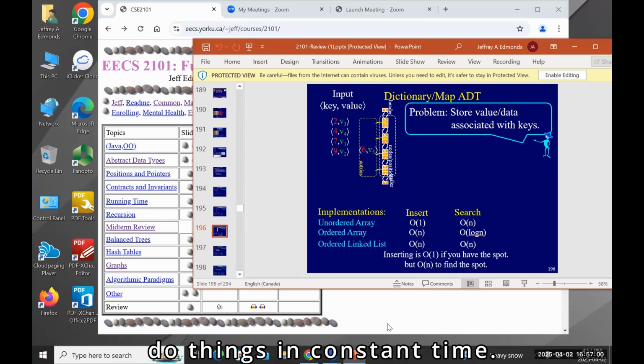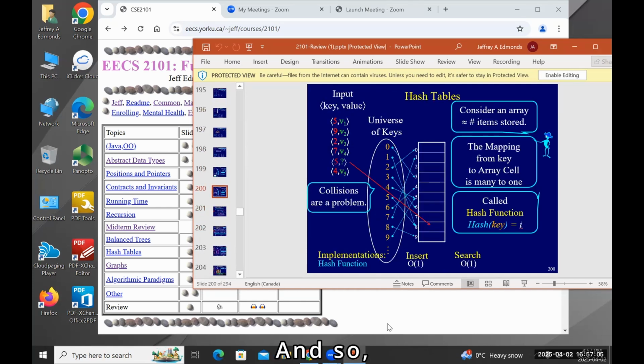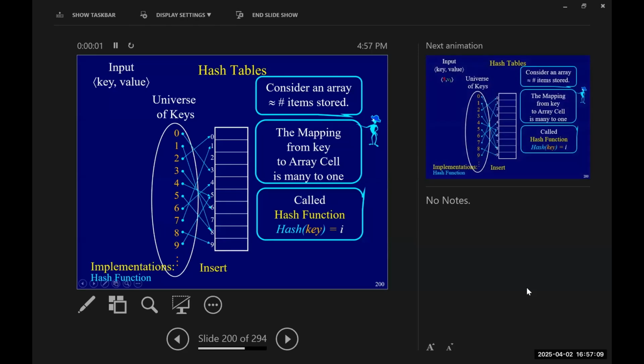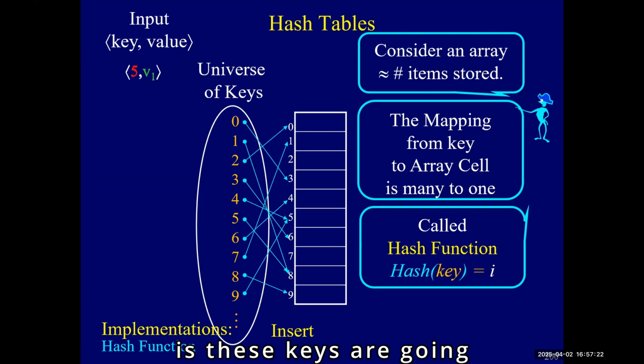So now we want to do things in constant time. All right? And so what we want to do is these keys are going to come from some very large universe of possible keys.